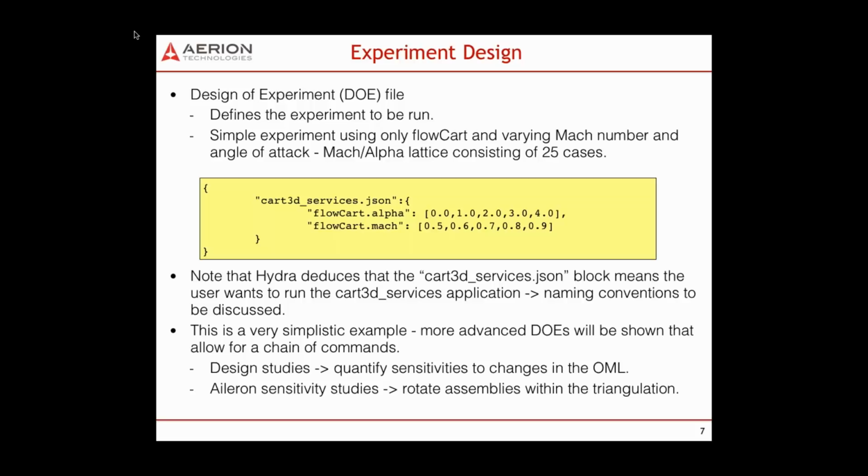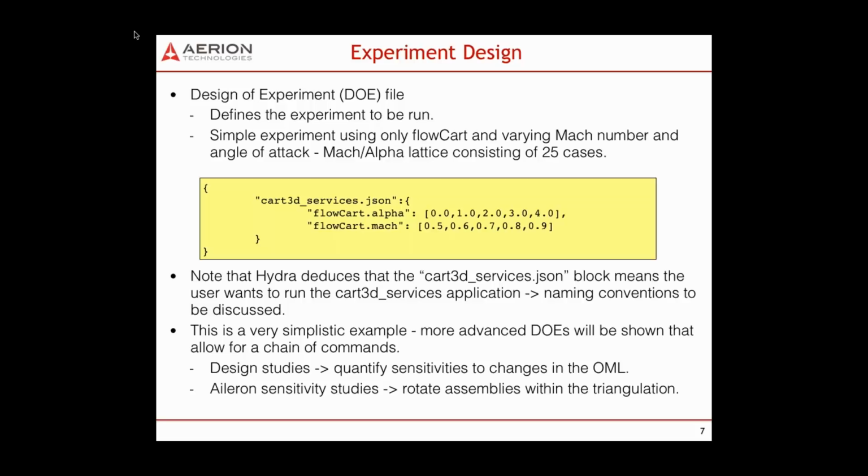And so with Hydra, we designed this file so that you wouldn't be typing in a lot of things like specifically naming executables to be run. Hydra is deducing ultimately that the cart3dservices.json block means that the user wants to run the Cart3D Services application. So there's a naming convention being employed in the file to make things more simplistic.